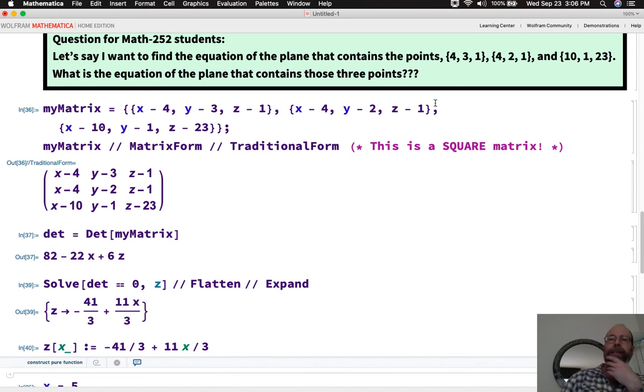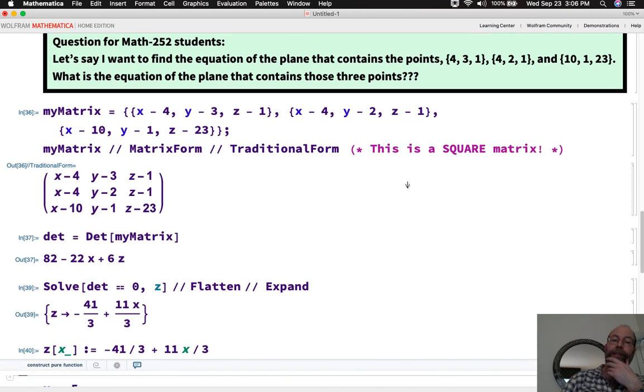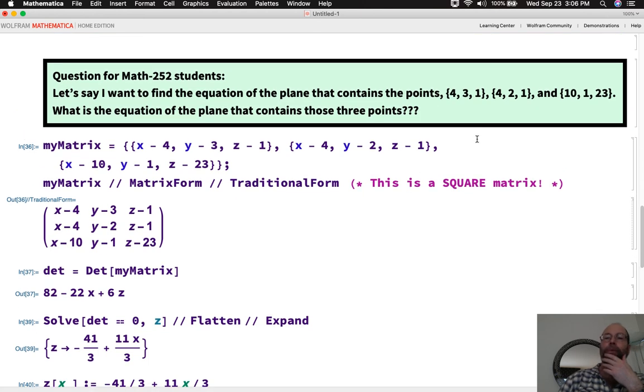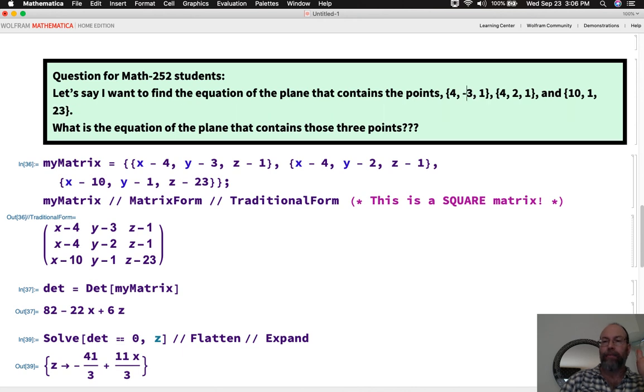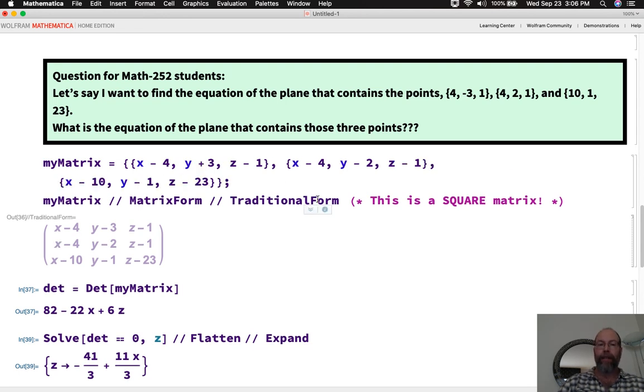Let me give you an example where y does not get tossed out, because this is a little bit confusing. It is the equation of a plane, but the y part got tossed away. So let me change this to, how about -3? Let me make that -3. So y minus a -3 is a +3.